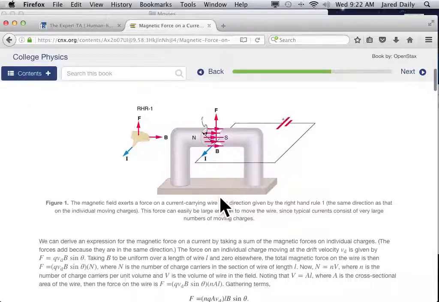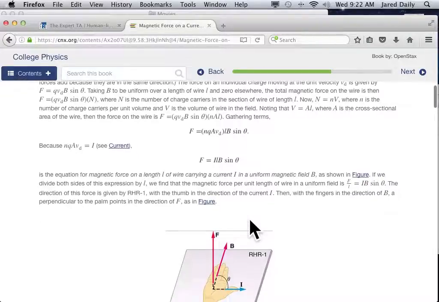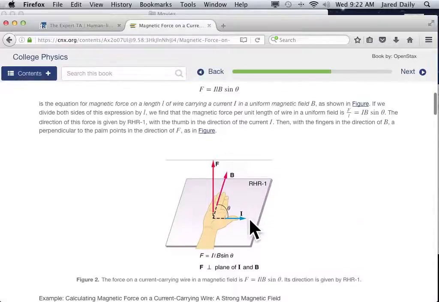If the current is not perpendicular to the magnetic field, if it's going through it at an angle, for example, and the magnetic field is coming this way and the current is going this way, so that they're not 90 degrees to each other, they won't get all of the effect. So you have to put in the sine of theta, which is the angle between the current and the magnetic field. And then you can get the magnitude of that force.